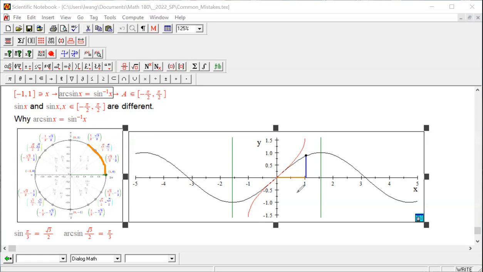This arc length is pi over 3. I choose pi over 3. And the blue number is the blue here. So input is angle, output is a ratio. And now arc sine takes this ratio and produces pi over 3, and pi over 3 is this arc length. That's why it is called arc sine. The same reason is true for arc cosine, arc tangent, and so on and so forth.